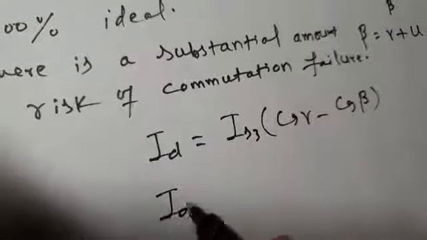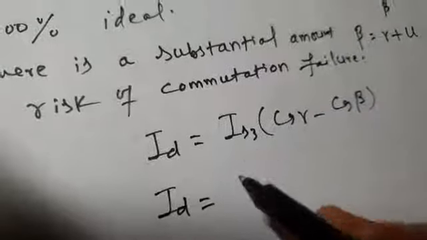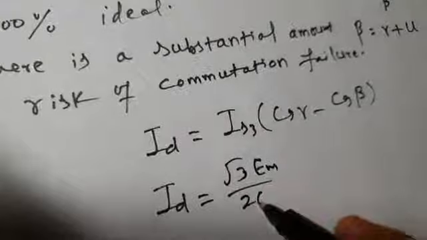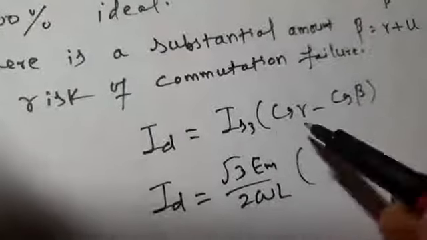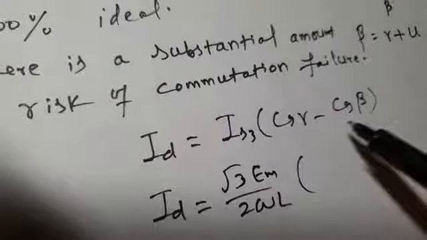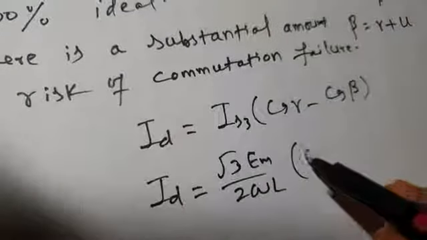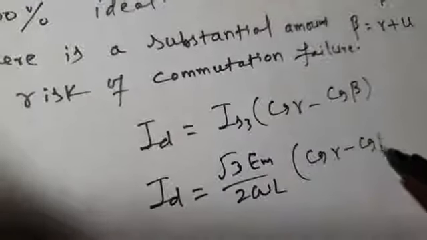And if you remember, this IS3 is root 3 EM by 2 omega L. We have already derived this expression while discussing the valve currents. So ID is equal to root 3 EM by 2 omega L times cos gamma minus cos beta.